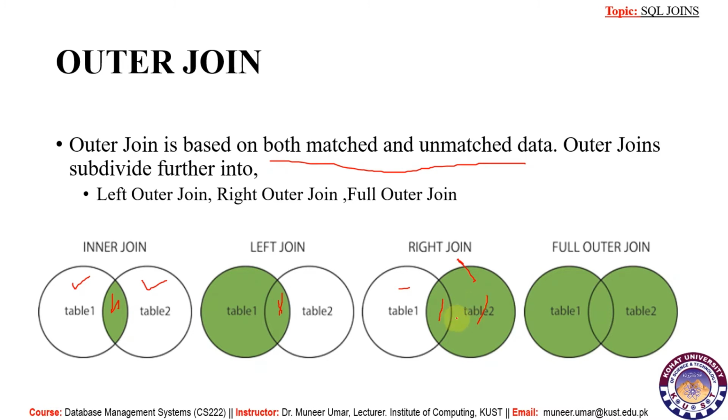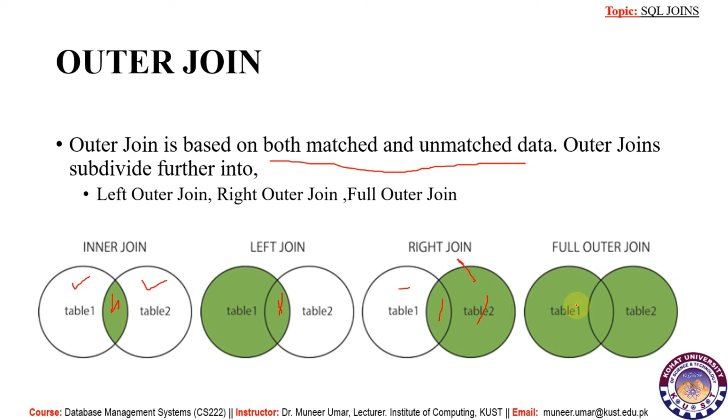So the result would be 1, 2, 3 and 4, 5, 6. Matched is 1, 2, 3 and unmatched is 4, 5, 6. In table 1 there were 7 and 8, but those were unmatched and those would not be present due to right join. Then full outer join will give us all the data from both the tables, matched and unmatched.